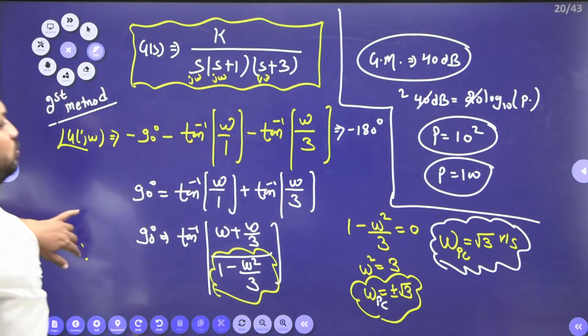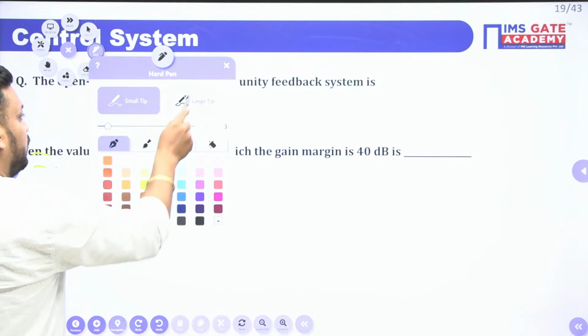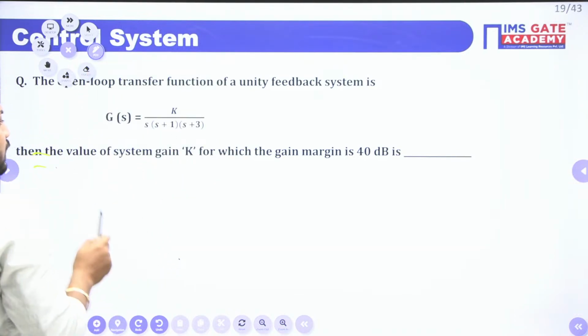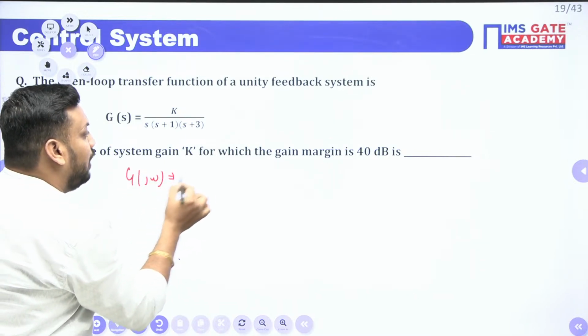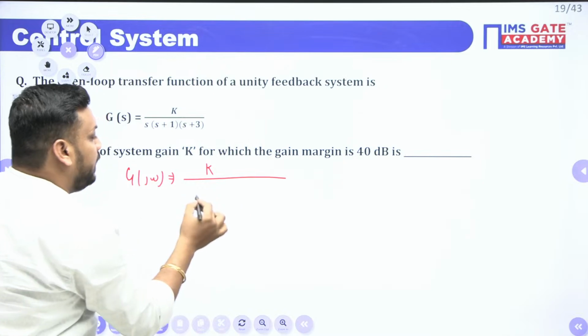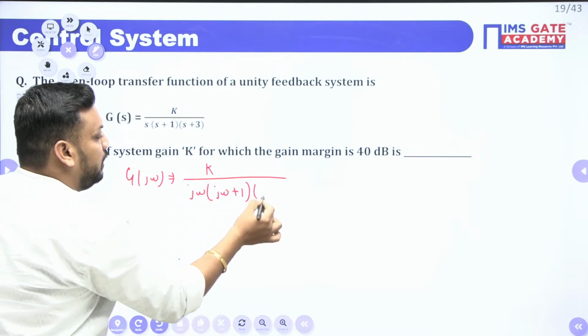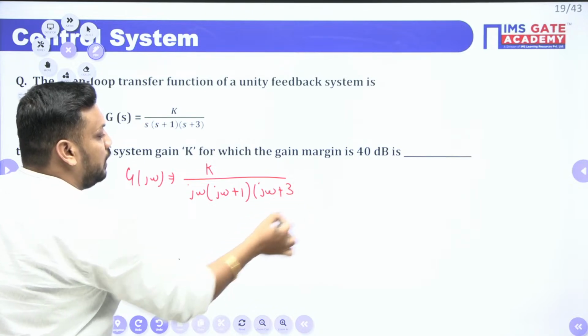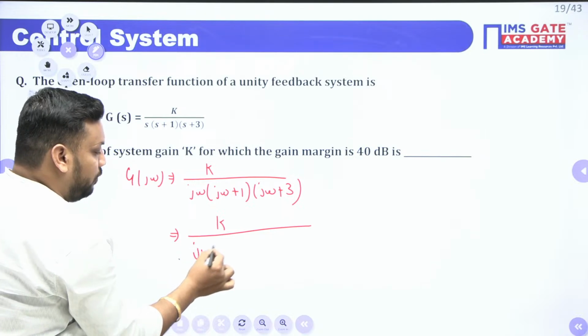What is another approach to find ωpc? If you wish to find ωpc by a different technique, here also you have an opportunity to put s equal to jω, simplify it, and finally equate the imaginary part equal to 0. So jω plus 1 and jω plus 3. You will get K upon jω times the bracket.